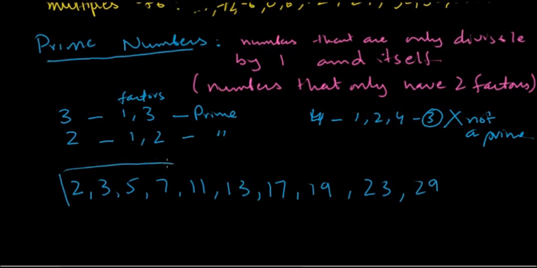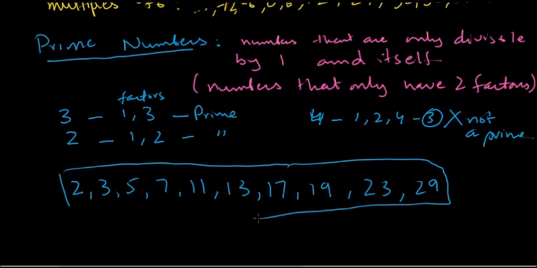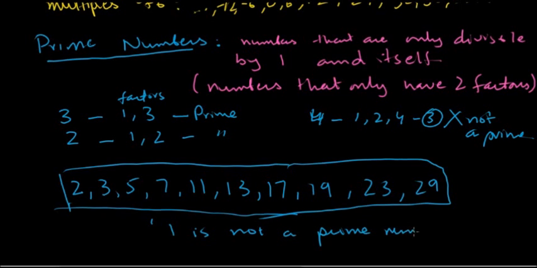This list of prime numbers you need to memorize. This is very important, especially the first few ones. And the other thing you need to know is that 1 is not a prime number. Okay, so this is just by definition. Okay, so memorize this.